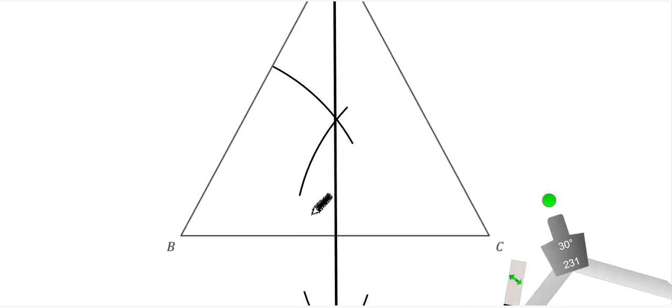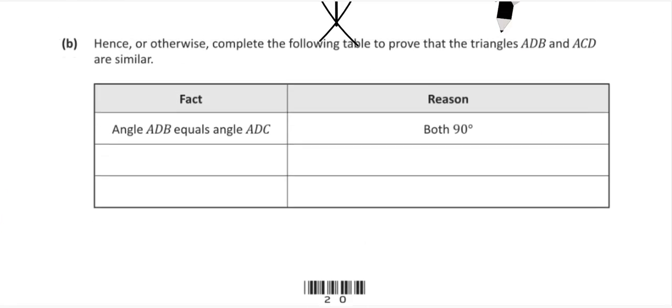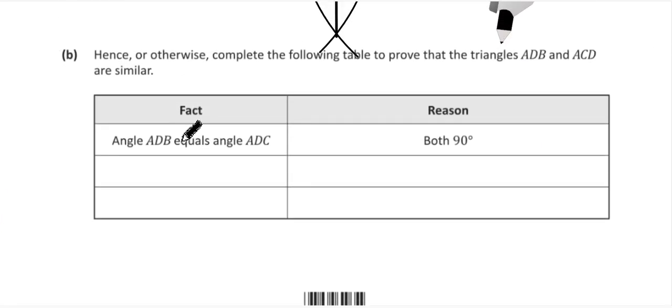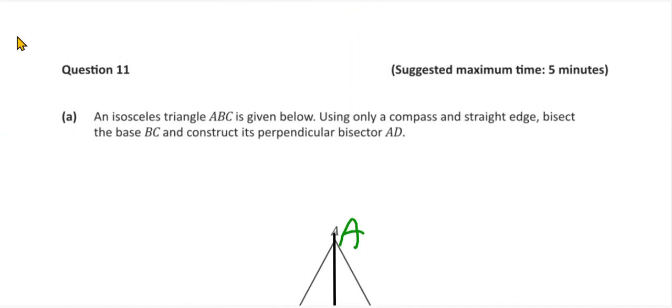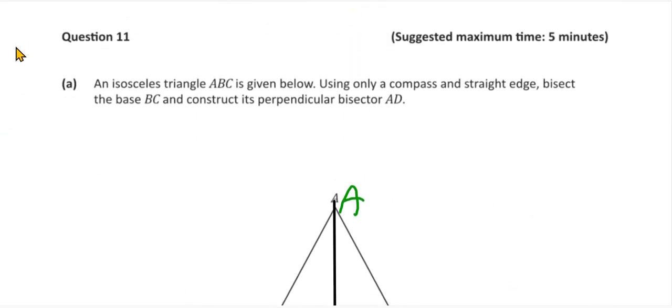Okay, would everybody agree that this is 90 degrees? What angle is that? BDA? Okay. It says they're both 90 degrees. Okay, guys. Next thing. It's an isosceles triangle.